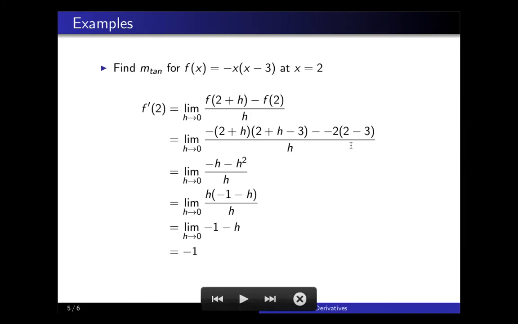So if we'd gotten down to this step and we still had a term that had no h in it, that suggests that we've probably done the wrong thing, and we'd want to go back and make sure that we've done everything correctly. The reason is that if you wind up with a term here that doesn't have an h in it, as h goes to 0, the whole thing is going to go off to infinity, which is usually not correct.